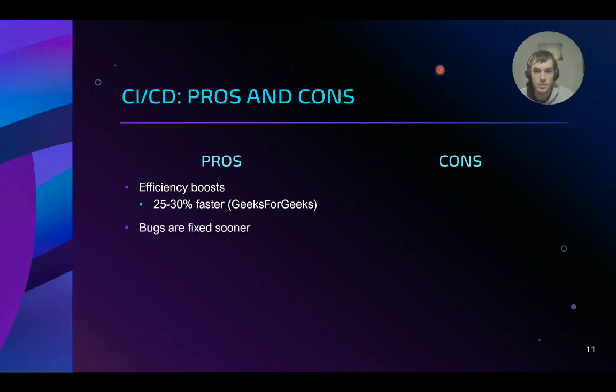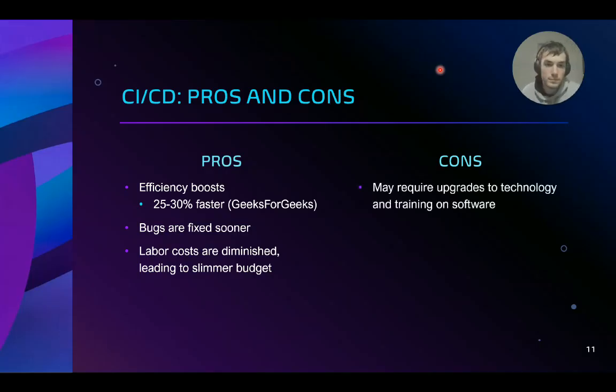It also means that bugs are fixed sooner because they're not left until the end, and they're not left to manual testing, but they're going to be automatically tested, and there's a lot of processing power going into making sure that bugs are checked. It also means that labor costs are diminished because so many of these previously human tasks are automated away. It's going to make your project cheaper overall.